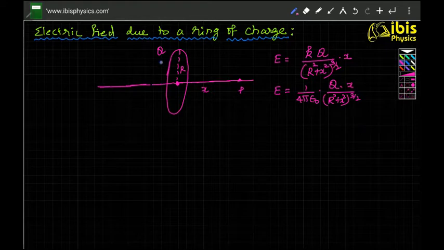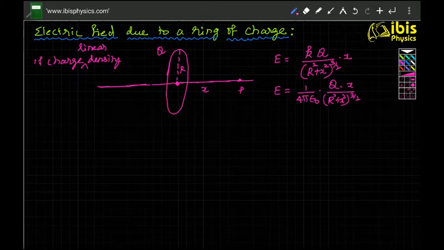And if charge density is given, if the radius is r, the total length of the ring is 2 pi r. If the charge density of the ring is lambda, we call this linear charge density. Lambda means charge per 1 meter.